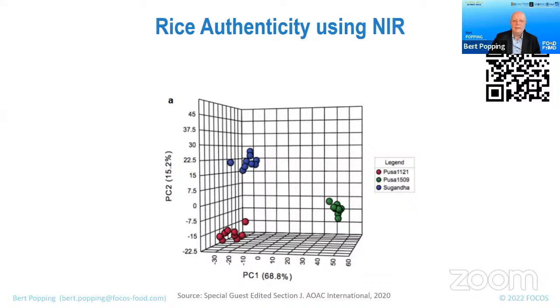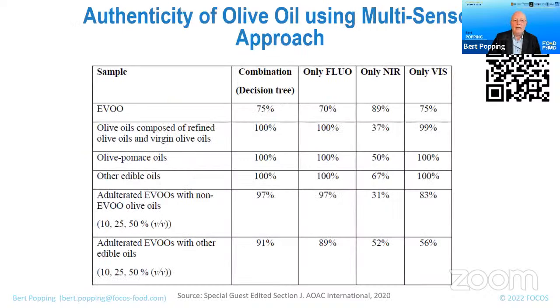NIR in this case is a non-targeted method, and the multi-sensor for detecting adulteration of extra virgin olive oil is also non-targeted. Again, we need reference sets of data, but it will allow us to discover adulterants that we may not know are present. With that, I'll thank you for your attention and hand back to Nur.